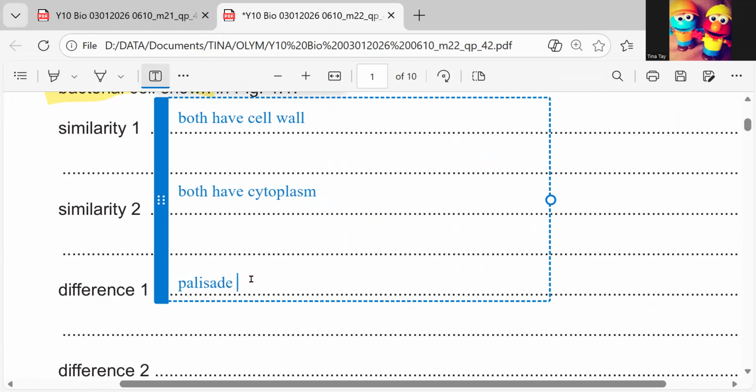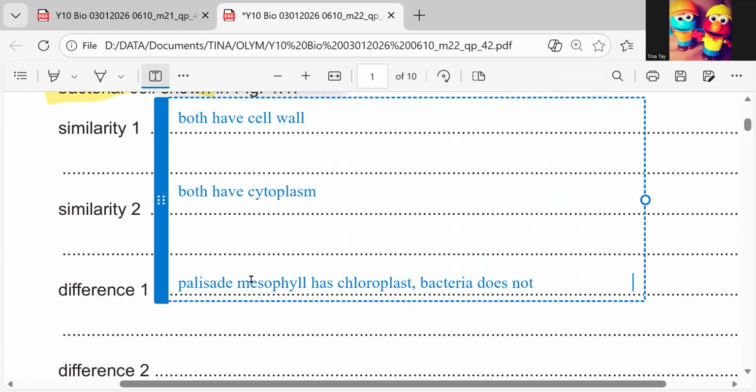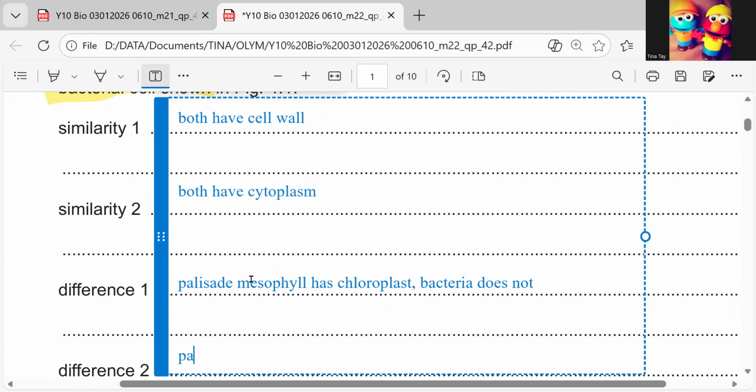Palisade mesophyll has chloroplast, bacteria does not. Okay, what else? Palisade mesophyll has nucleus, bacteria does not.